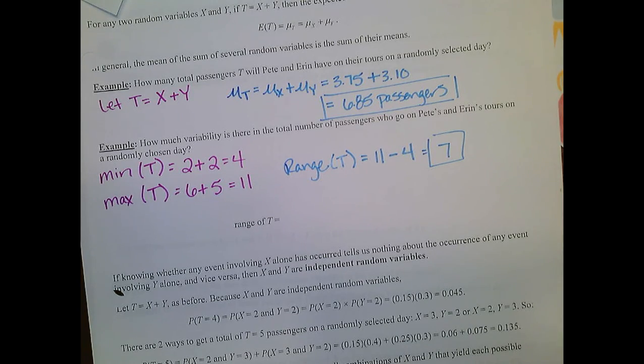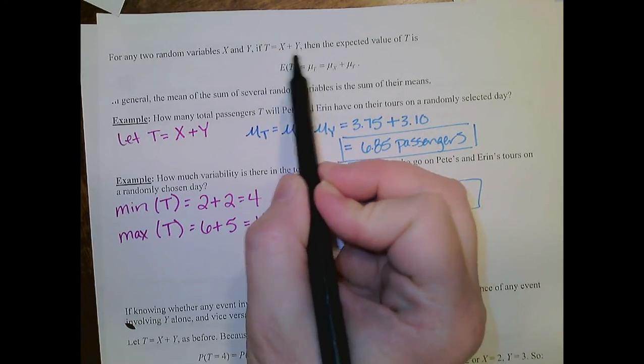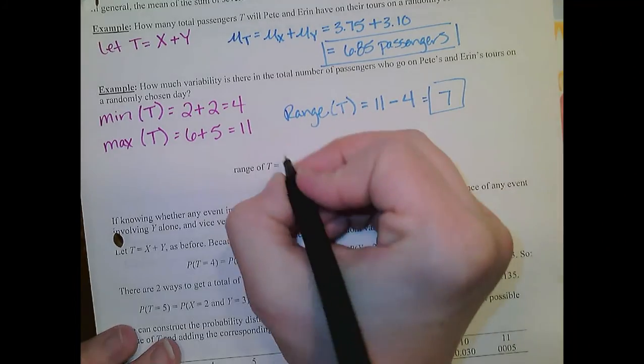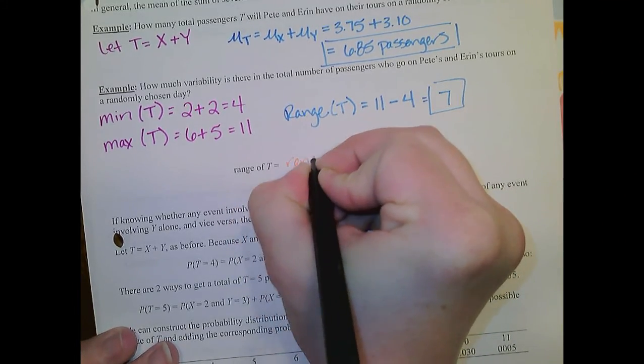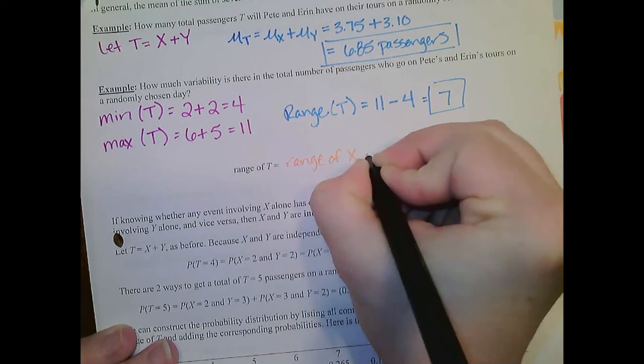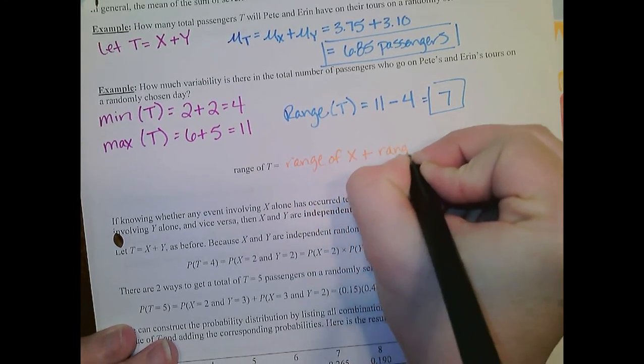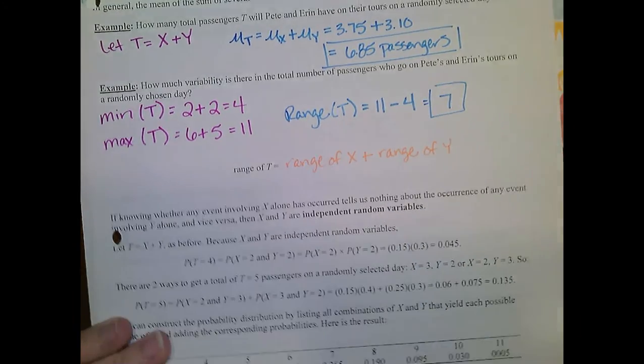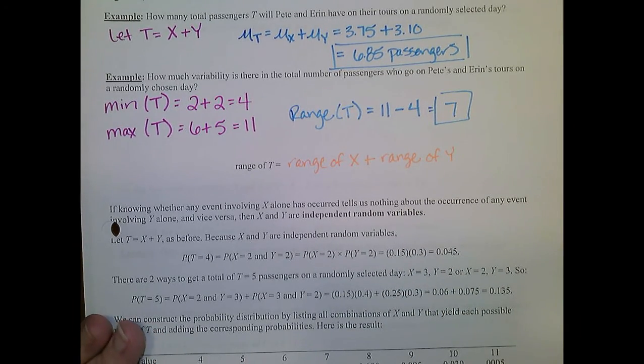It turns out that when we are combining random variables, again, T is the sum of those two random variables, X plus Y, the range of that sum, the range of T, will be equal to the range of X plus the range of Y. So again, when we're adding them together, we can just simply add together the ranges of each of the random variables, and that will become the range of our combined random variable, the sum of both.